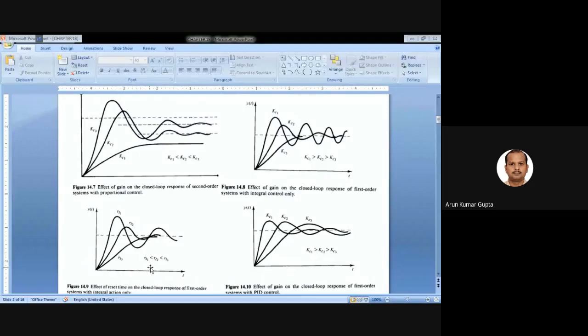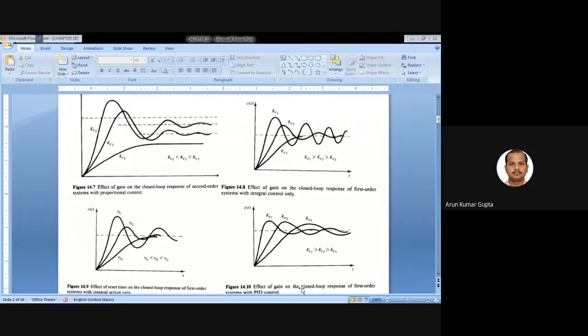Here you can see the effect of reset time on the closed loop response of a first order system with integral control only. tau I3 is the highest value, and when you increase the tau I value, the time constant is increasing. Time constant increasing means we have a sluggish response, right? More time constant means more sluggish. So less tau I and more Kc will be preferred. That's why we have to tune.